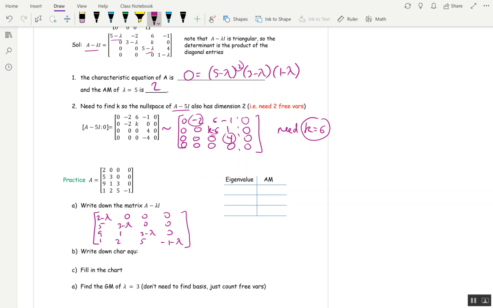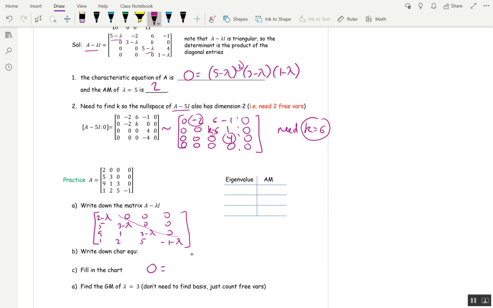The characteristic equation is the determinant of that matrix set equal to 0. Now, this is a lower triangular matrix, so I can just write down the determinant without doing any calculations. I just multiply the diagonal entries.